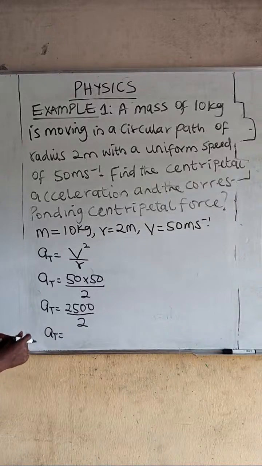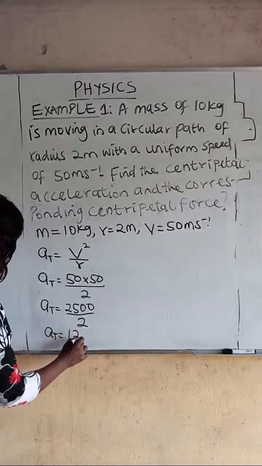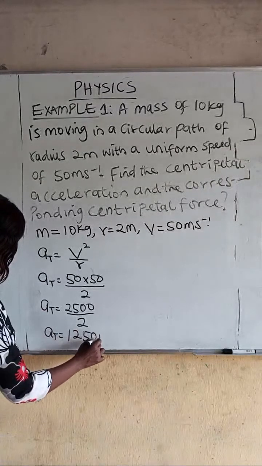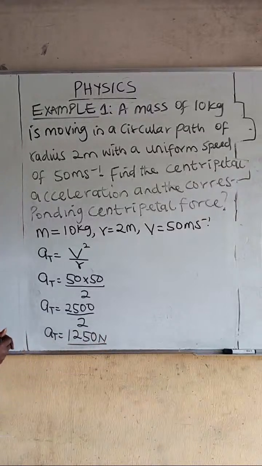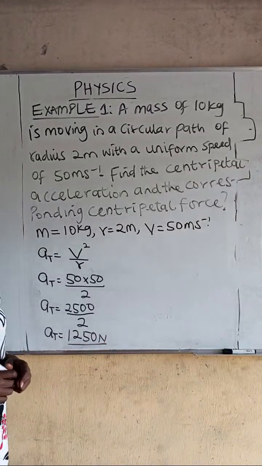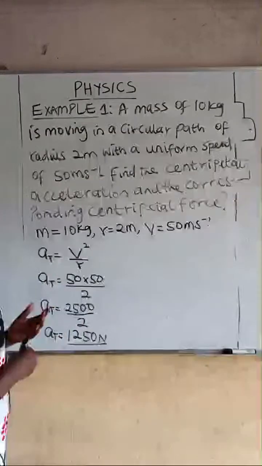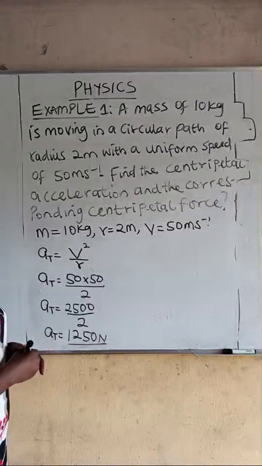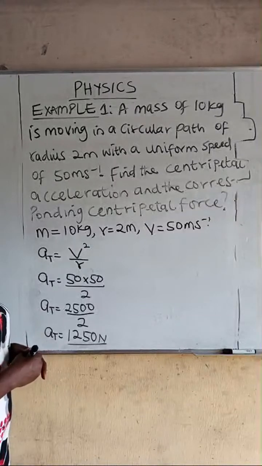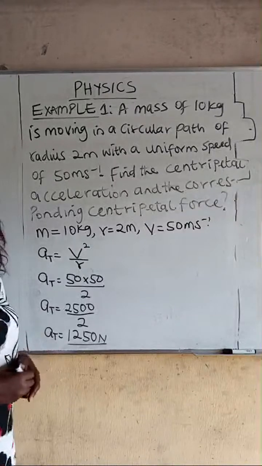Your answer will give you 1,250 meters per second squared. You can use your calculator to confirm that. Is that okay?